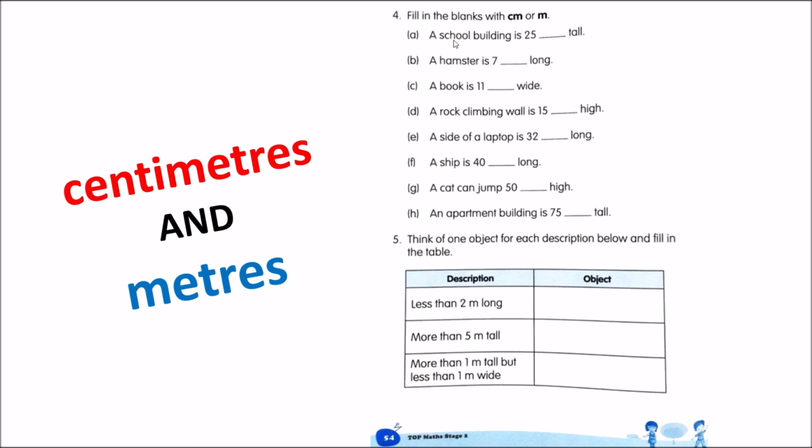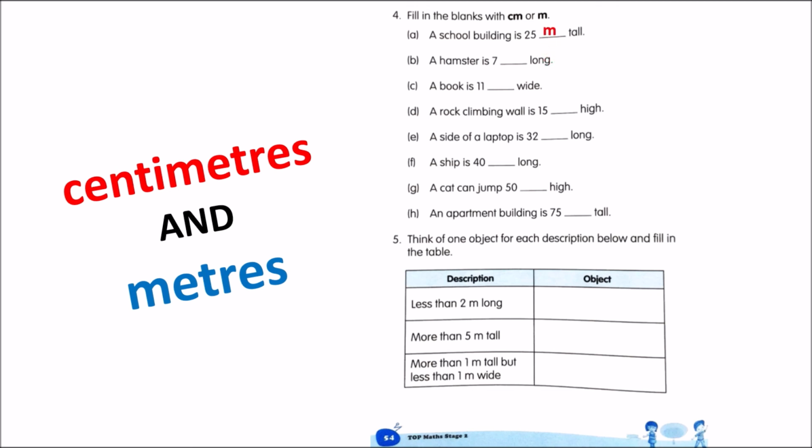A school building is 25 centimeters or meters tall. Do you think a school building is centimeters or meters? Remember, centimeters are smaller and meters are taller or longer. That's right.